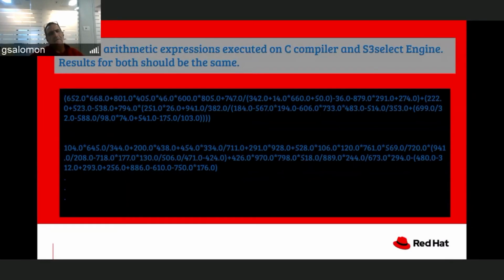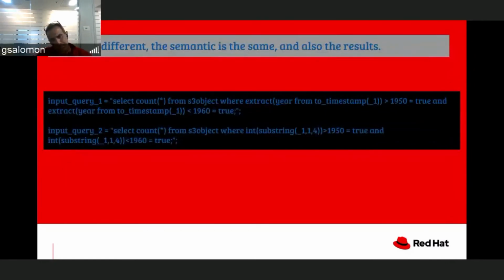Another method of verifying that this system is operating correctly is to use two SQL statements which have a different syntax, but we know the semantic is the same. So if the semantic is the same, the result should be the same also.